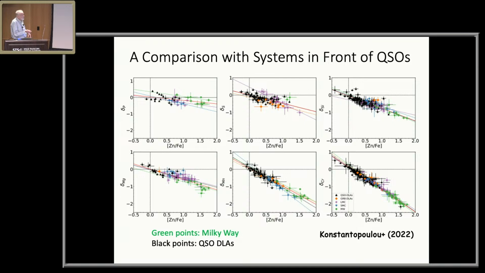You can see that they all more or less extrapolate at the same point: zinc to iron equals 0. So that gives us some reassurance that this adjustment is a valid process.